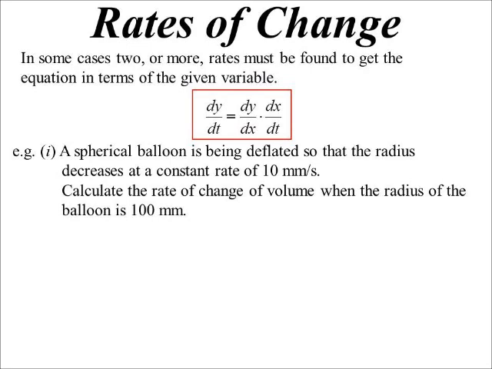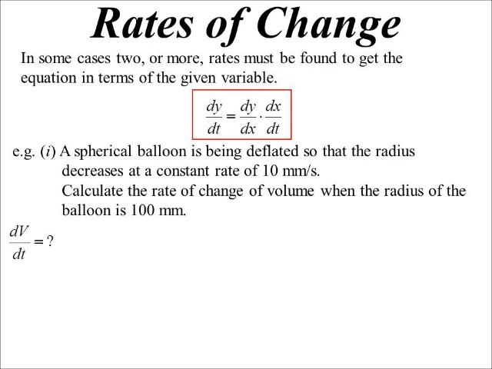A balloon going down is really quick at the end. So the rate of change of the volume changes as the radius changes. We want to know what that change of volume is going to be when the radius is 100 millimeters, so 10 centimeters.